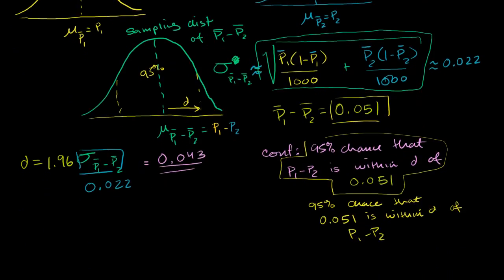We know that there's a 95% chance that the true difference of the proportions is within 0.043 of the actual difference of our sample proportions that we got. Or if we actually want to get an interval, we take this value minus 0.043.